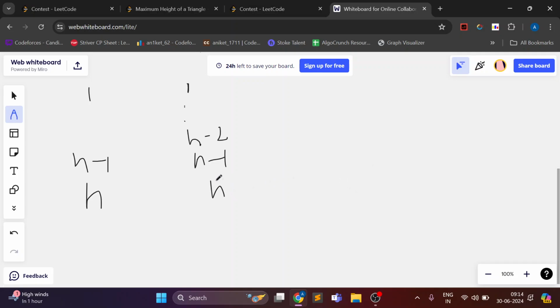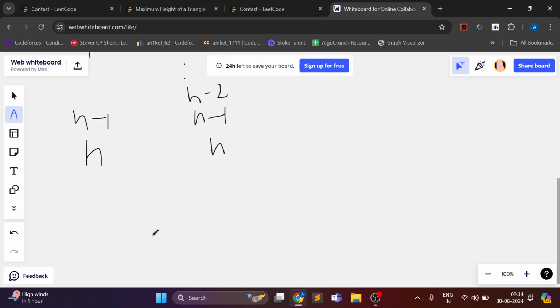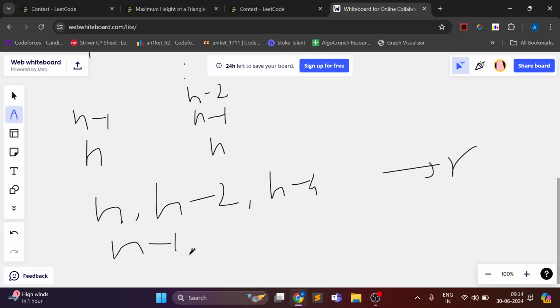Now the colors for levels h, h minus 2, h minus 4 would be the same. Let's consider it red for now. Similarly, the levels h minus 1, h minus 3, h minus 5 would be, let's say, blue.